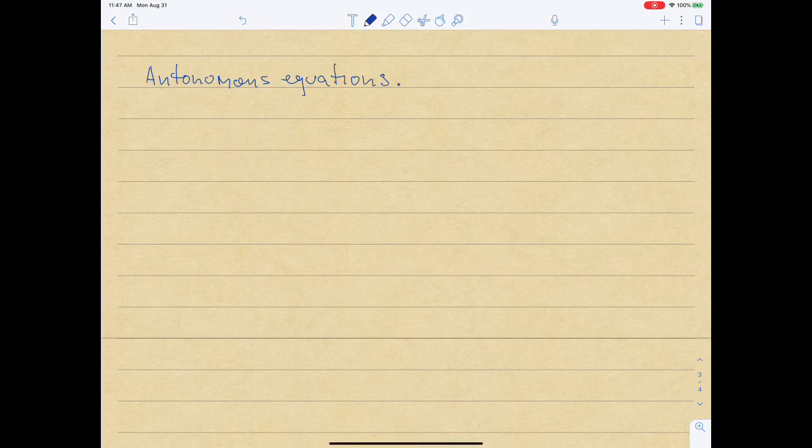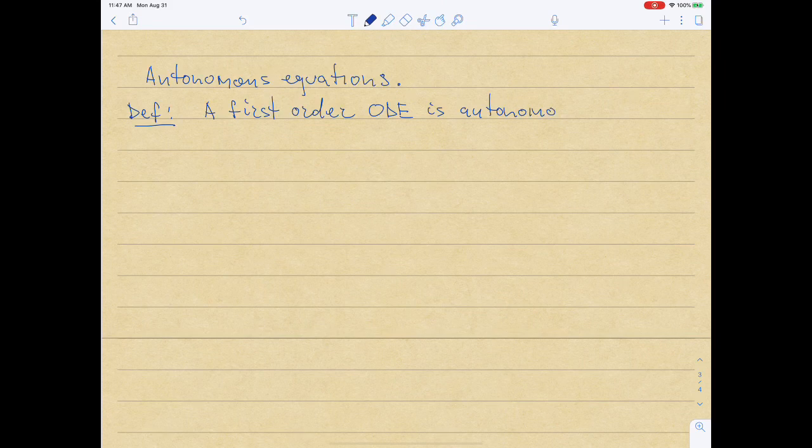So the definition is going to be as follows. A first order ODE is autonomous if it has the following form: y prime is equal to f of y.